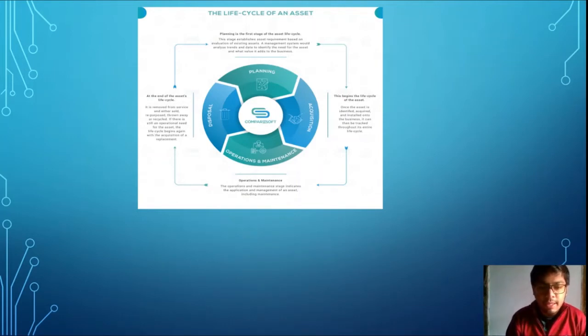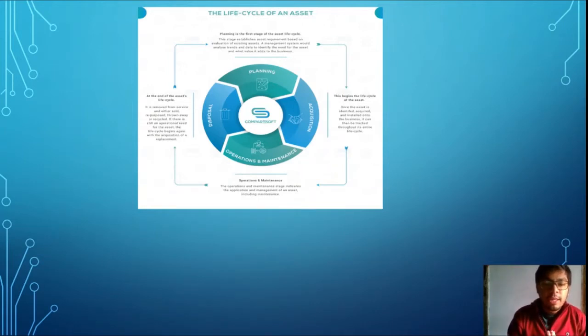This is the main stage where the assets are managed. The operation and maintenance stage indicates the application and management of the assets, including maintenance. And the last step is disposal.